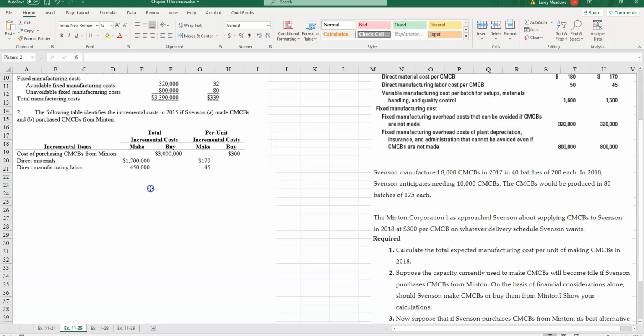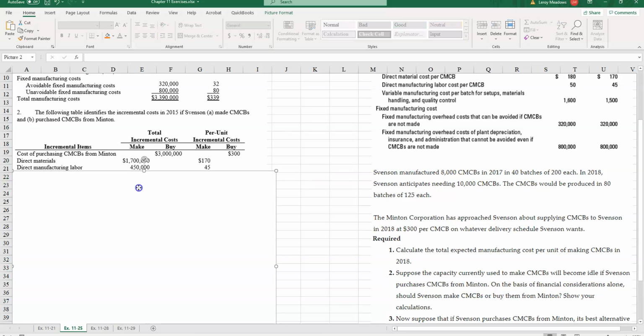So what about the cost of direct manufacturing labor? Well, again, if I make the CMCBs, I'm going to incur $450,000 in direct labor costs. I will not incur those costs if I buy those products. So since they do differ among alternatives and they are expected to be future, this is a relevant piece of information I need to know.